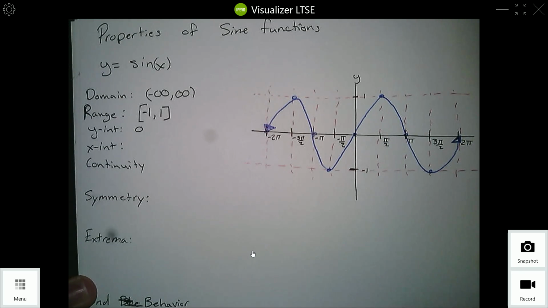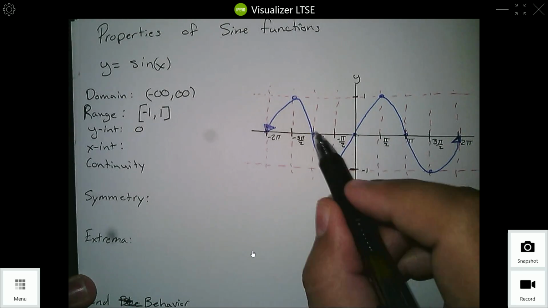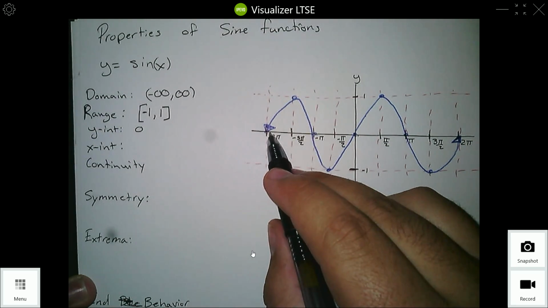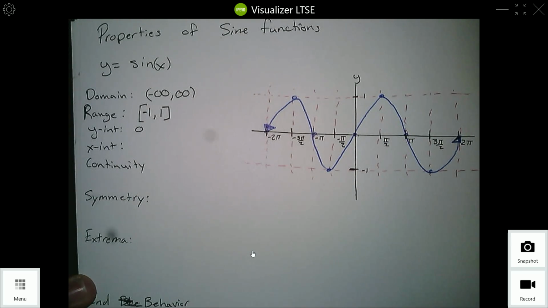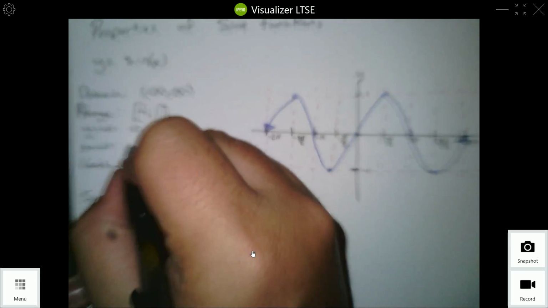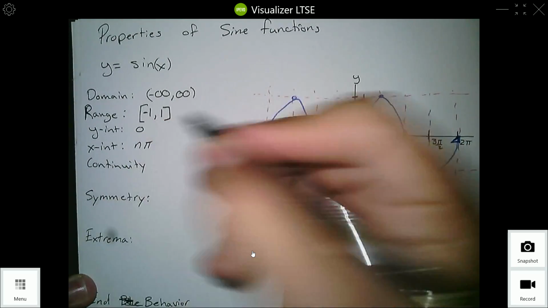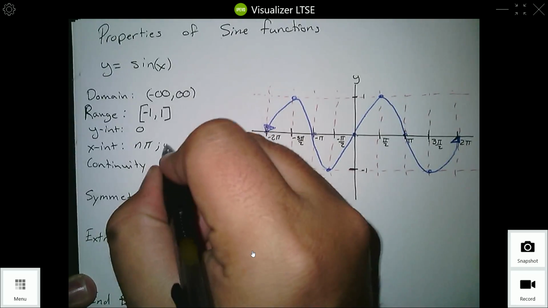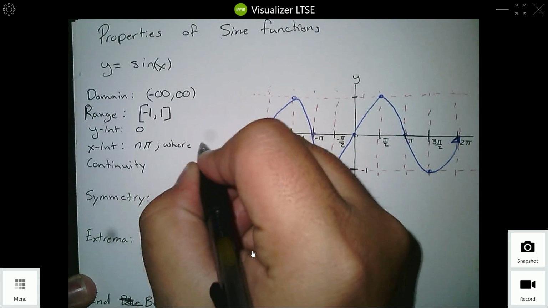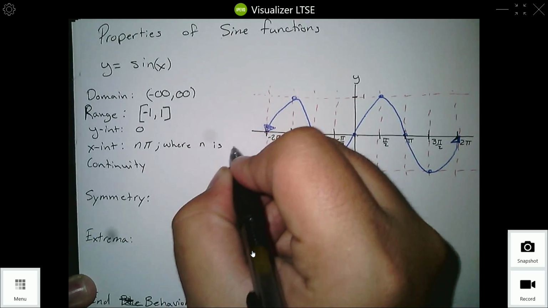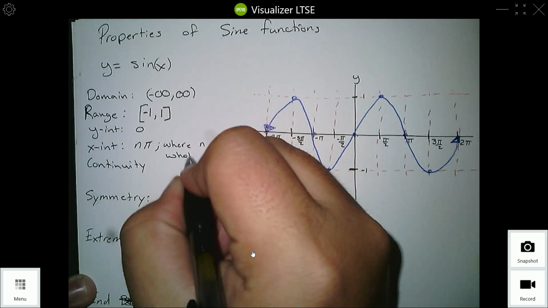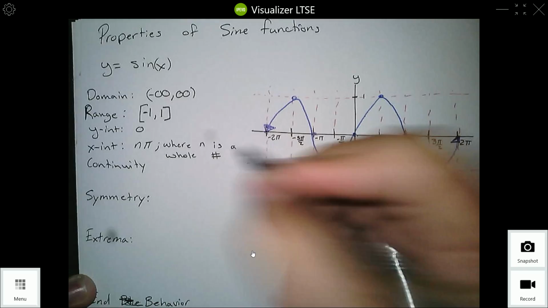The next one we talk about is the x-intercept. For the x-intercept, it crosses the x-axis at 2 pi, pi, 0, negative pi, negative 2 pi, and that actually goes on to infinity. It's going to keep heading that way forever. So what we will say for that one is n pi, where n is a whole number.